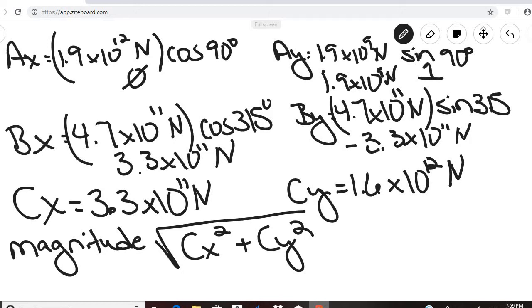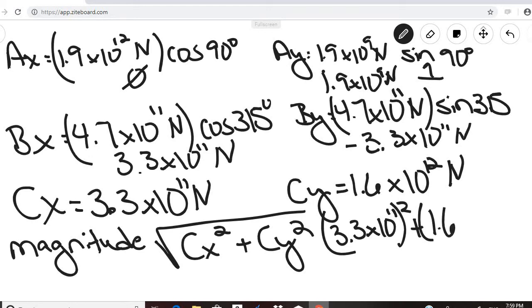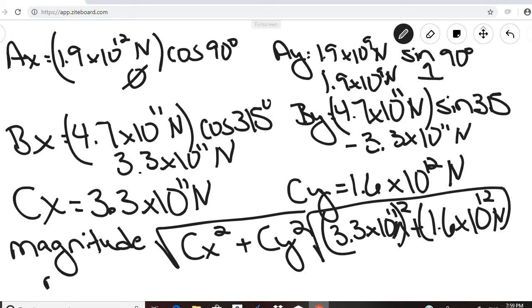So we're going to put in 3.3 times 10 to the 11th, square that, plus 1.6 times 10 to the 12th newtons, square that, and then take the square root of that, and we will get that the magnitude is equal to 1.6 times 10 to the 12 newtons.